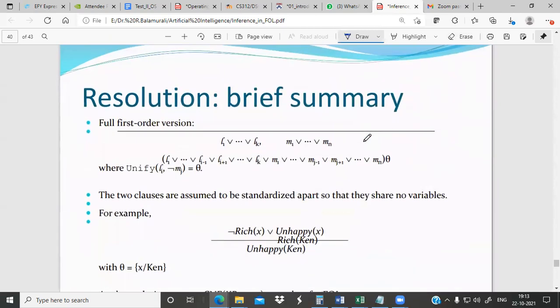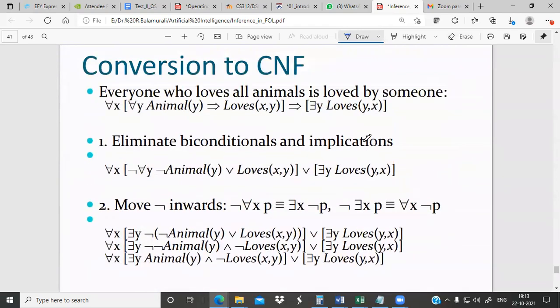Next we'll be discussing resolution, but before getting into resolution we'll discuss a small topic, conversion to CNF. If you recall propositional logic, before performing resolution the statement should be in CNF, conjunctive normal form. That rule is applicable to first order logic also.